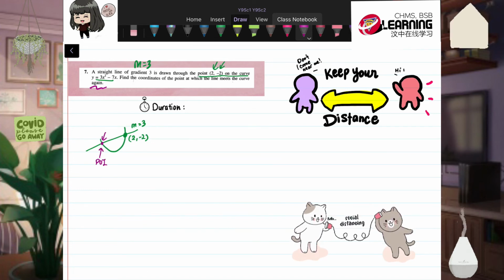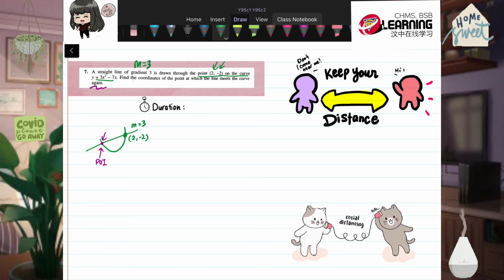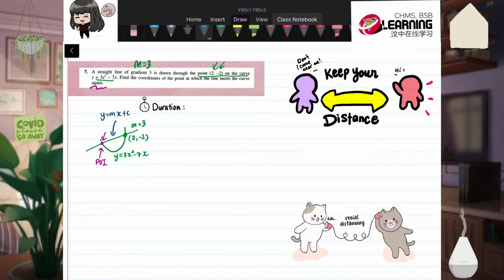So before we find the POI, we need a simultaneous equation between two equations, right? But we only have one equation here, which is y equals 3x squared minus 7x. So we find this one first, y equals mx plus c. We can find that because we have the gradient already, and the point that it's passing through.